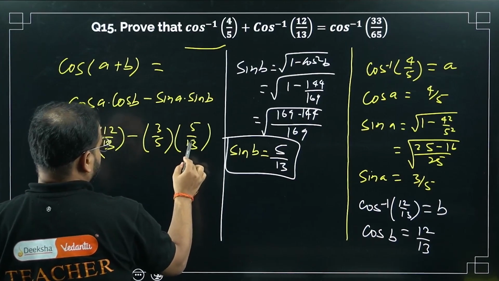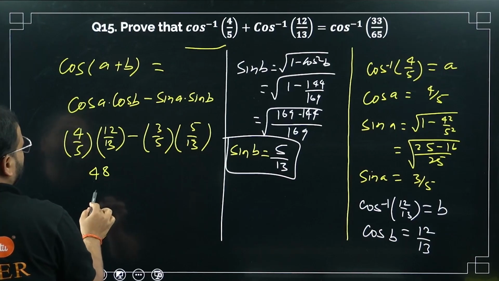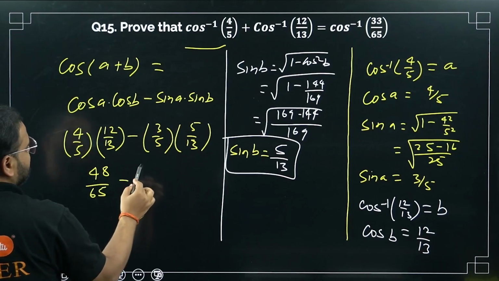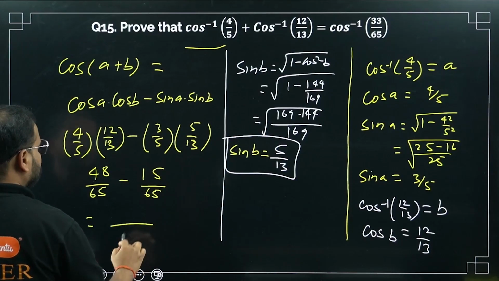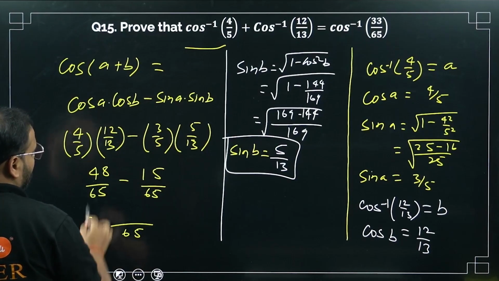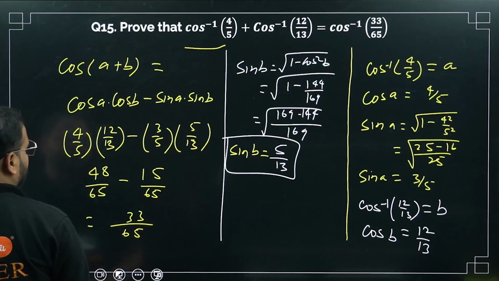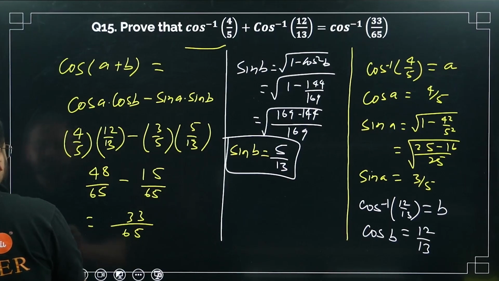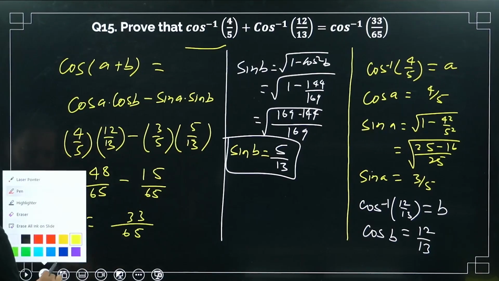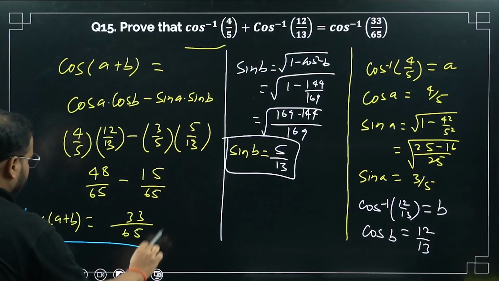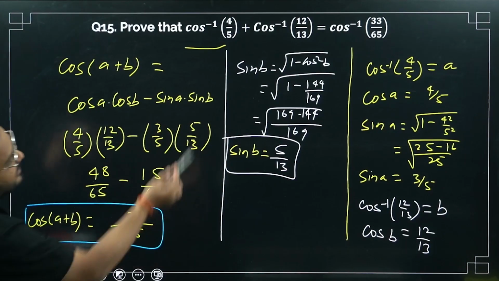Now multiply this. 12 into 4 is 48, so 48 by 65 minus 15 by 65 over here. Take the LCM, 65. And how much are we getting? 48 minus 15 is 33. So what are we getting? This is cos of A plus B. Please check. Cos of A plus B is 33 by 65. Okay. We are getting something over there.